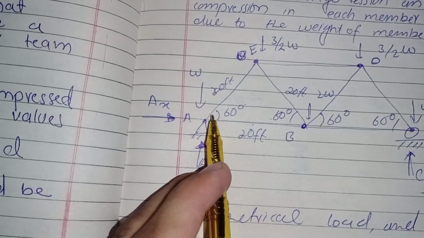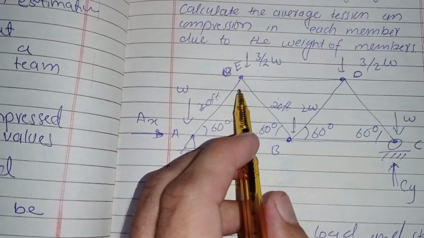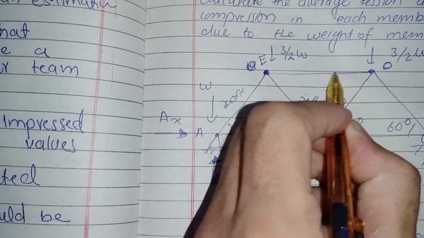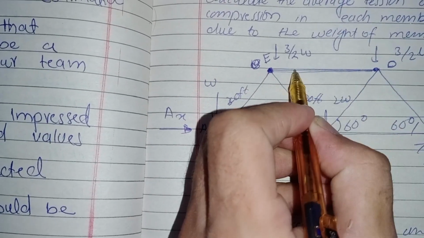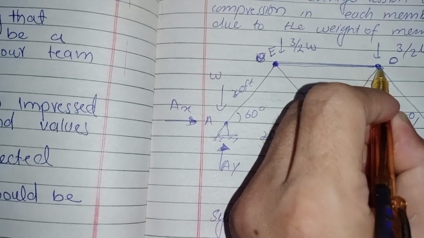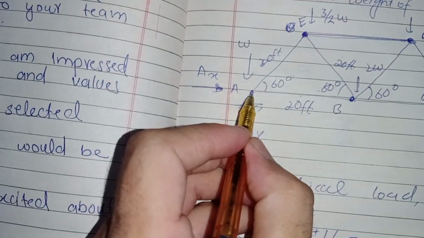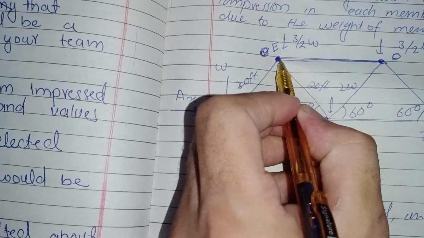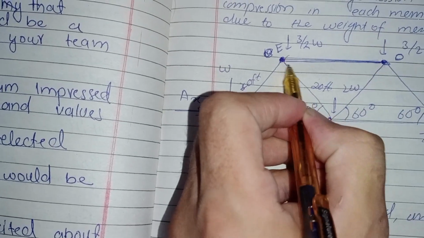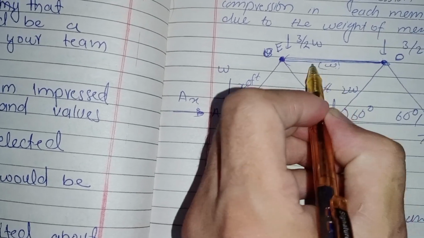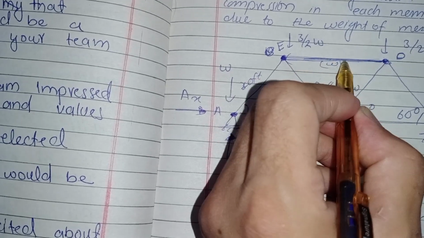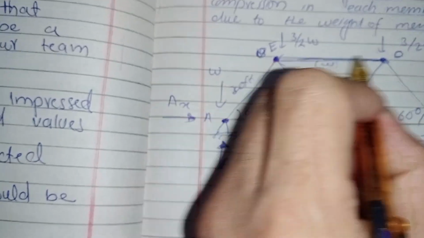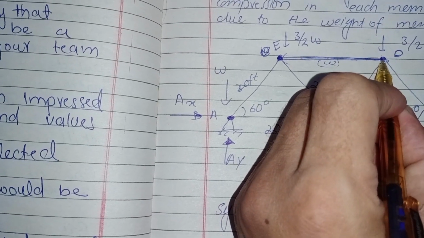Okay, so first of all we need to divide the weight of each member onto its joints. For example, say this member has weight W. Half the weight will come here, and half the weight will come here.